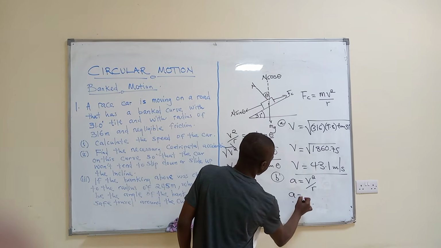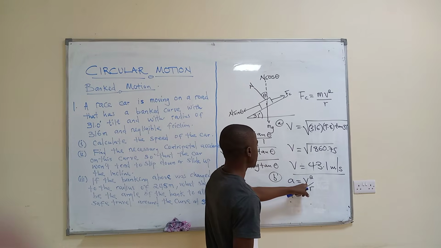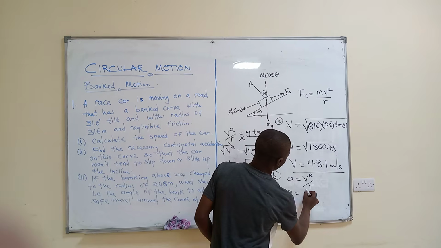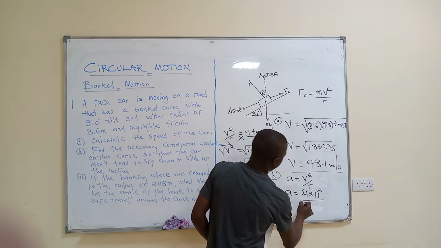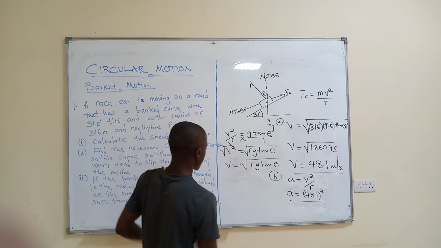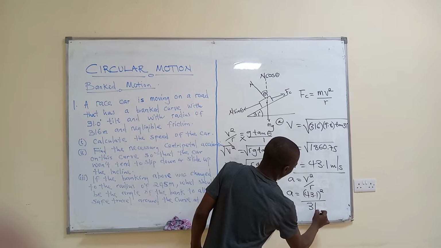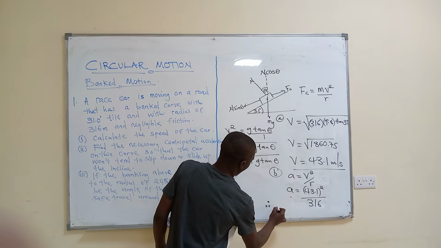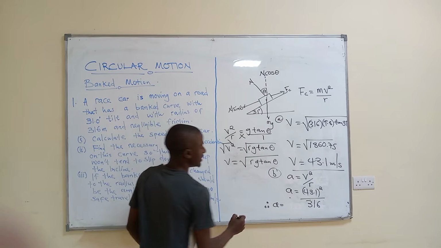So acceleration is equal to the speed you have calculated, 43.1, squared, over the radius, which is 316.